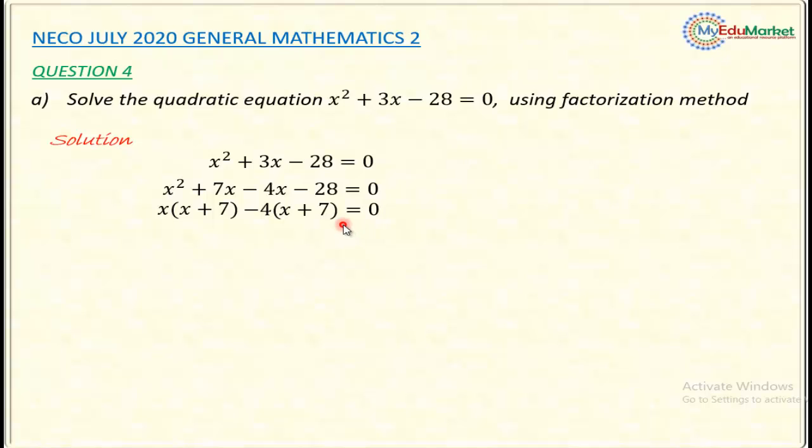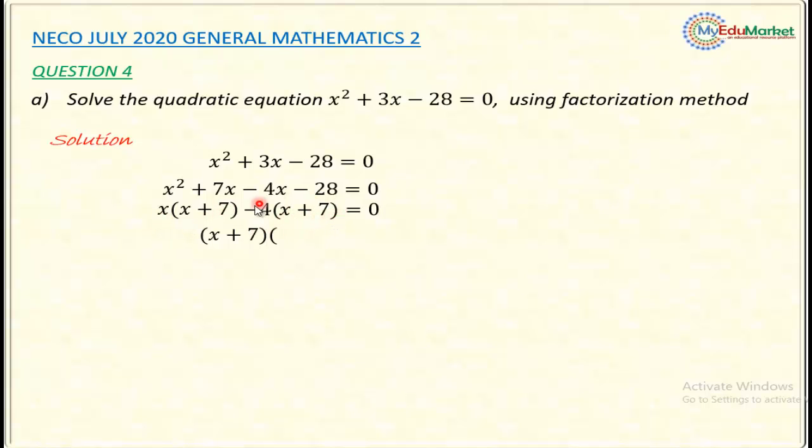So the left hand side now reduces to 2 terms: x times this bracket and minus 4 times this bracket. You can see the bracket is the same, x plus 7, which means we can factorize further. X plus 7 is common. So I now have x plus 7 outside, then I'll open another bracket. I divide the first term by x plus 7; x plus 7 cancels and I'm left with x.